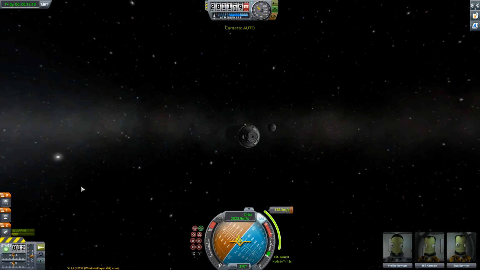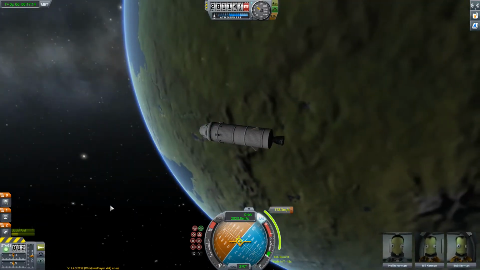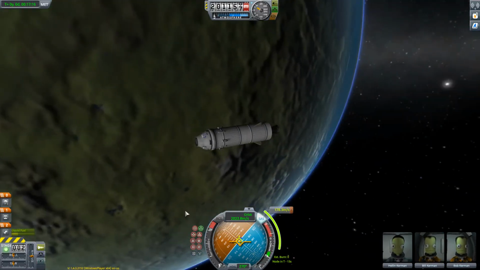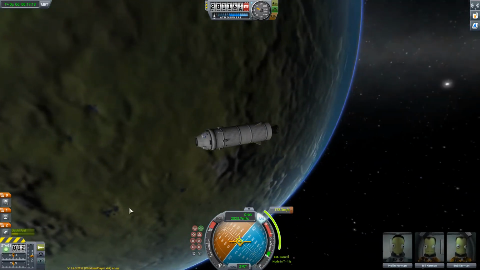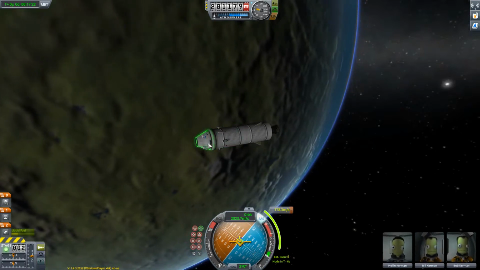Go back to staging and prepare to increase throttle. And then we're going to press space once we get that done.